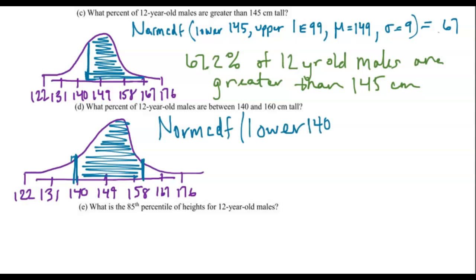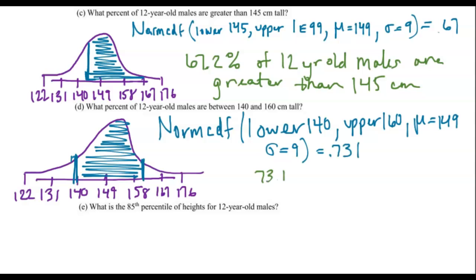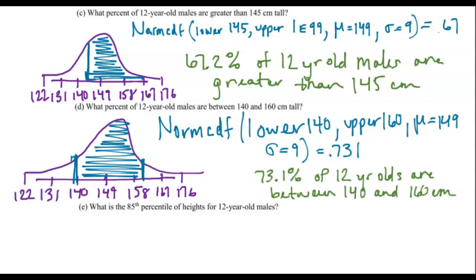And so again, our lower and upper bound are going to be those boundaries, 140 and 160. The mean is 149, the standard deviation is 9, so we can see that the values of those would give us an area of 0.731, or 73.1% of 12-year-olds are going to be between 140 and 160.